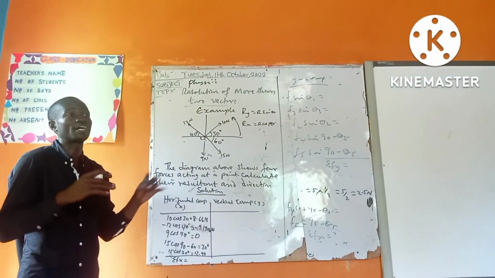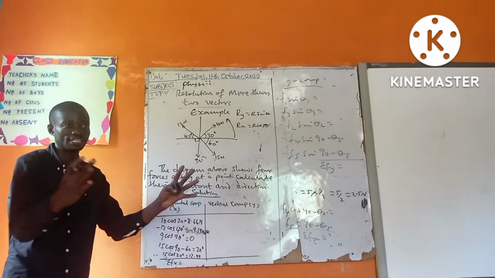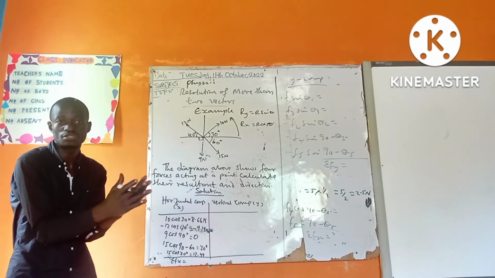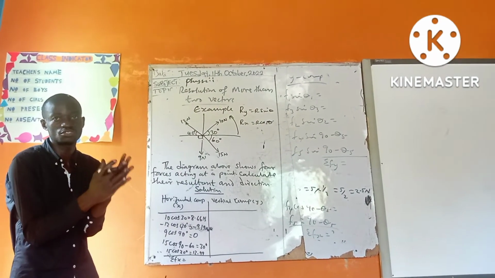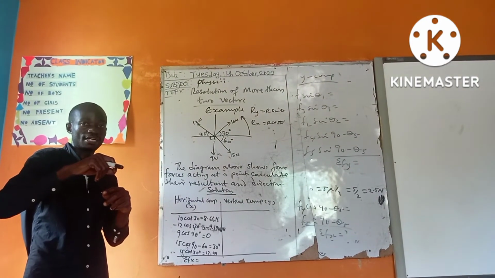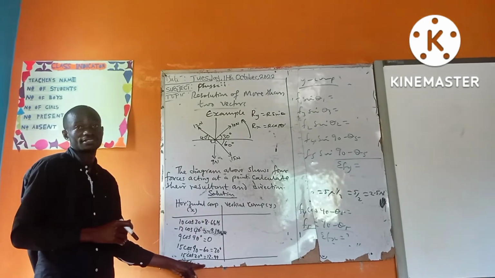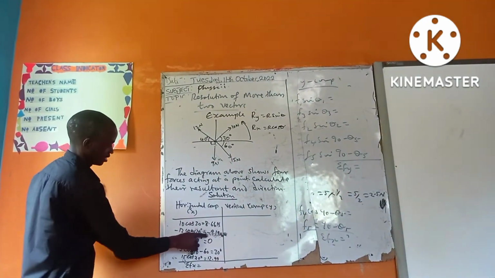Students often make a mistake here. What you have to do is sum up the negative forces together, sum up the positive forces together, and thereafter finally you subtract the negative from the positive. Whatever I have is your answer. In this case, we just have one negative value.